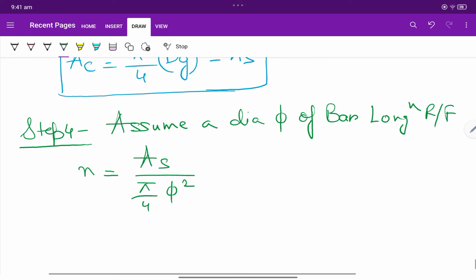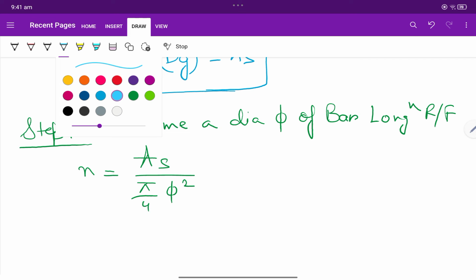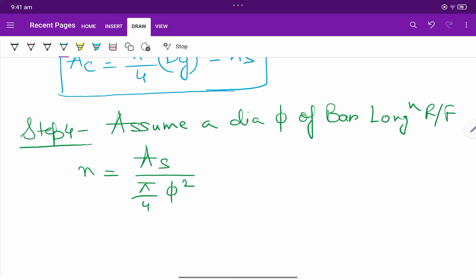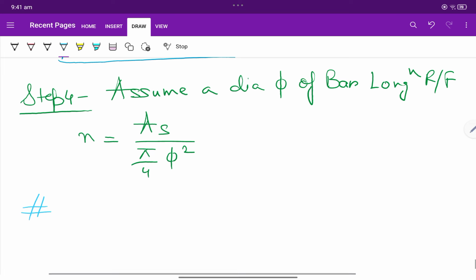Then what we have to check? We have to check the maximum and minimum reinforcement area.